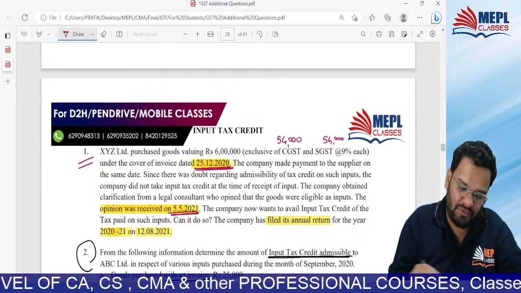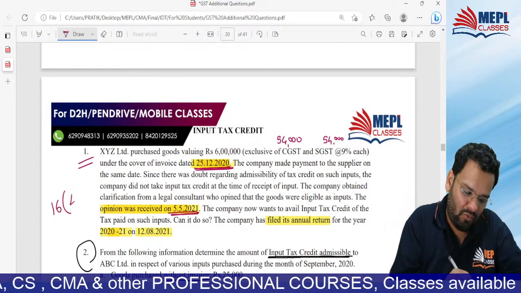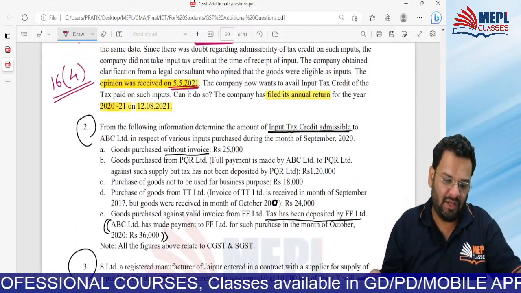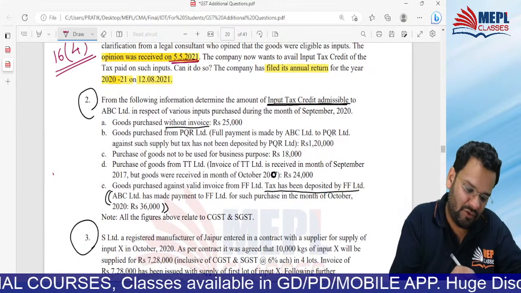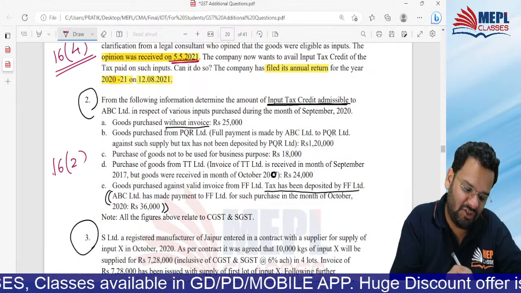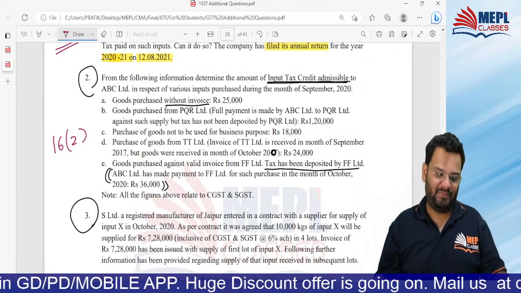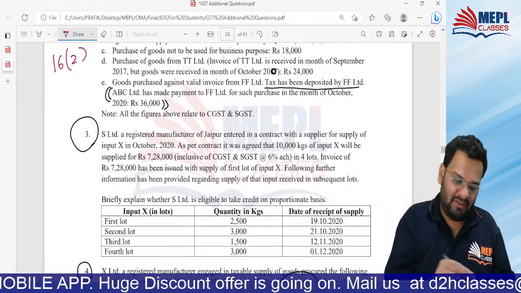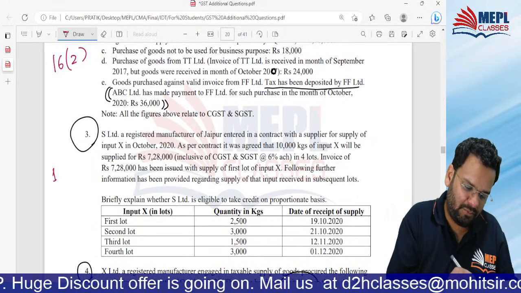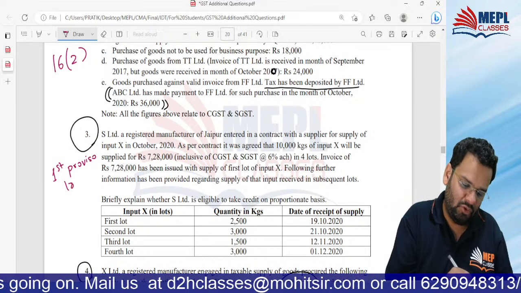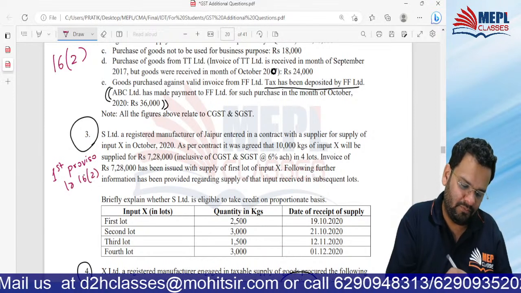This particular question which we covered right now was on 16.4. This question which we covered was on 16.2. This question was on first proviso to 16.2.